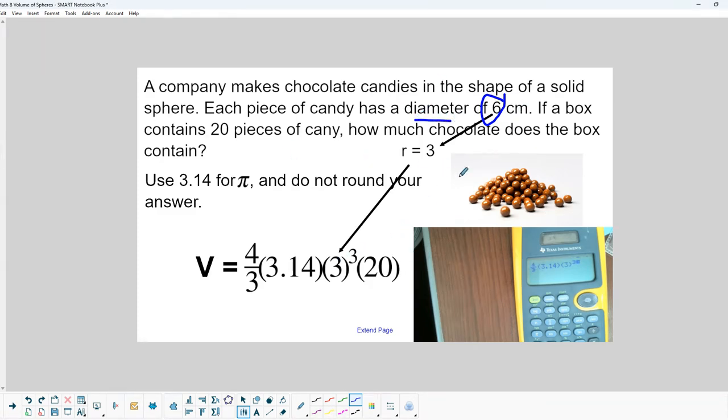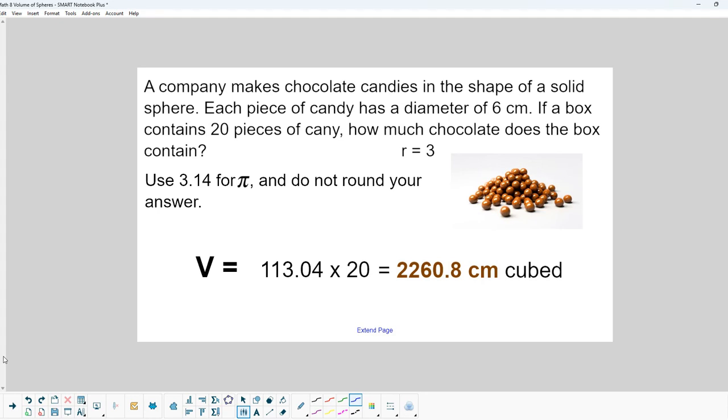And then we're going to multiply it by 20 to find out how much is in 20 chocolates, right? And so when we do that, we end up with 2,260.8 cubic centimeters of chocolate.